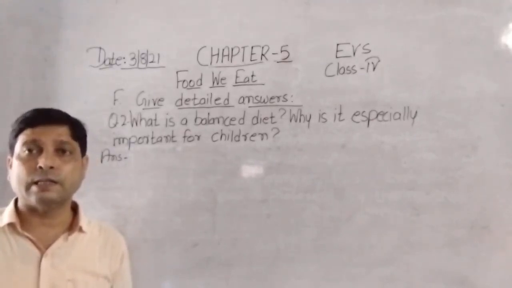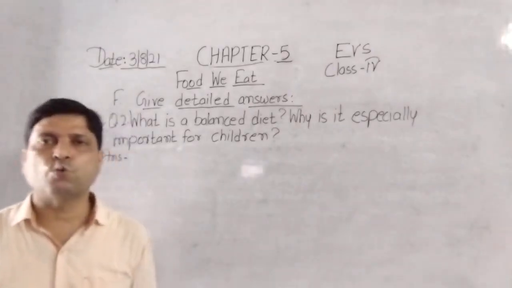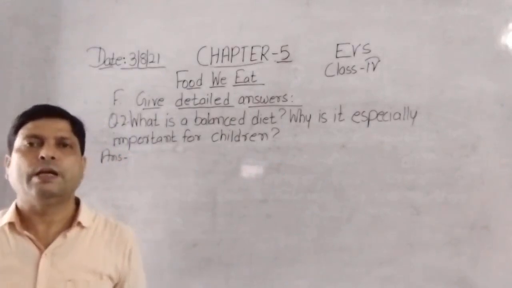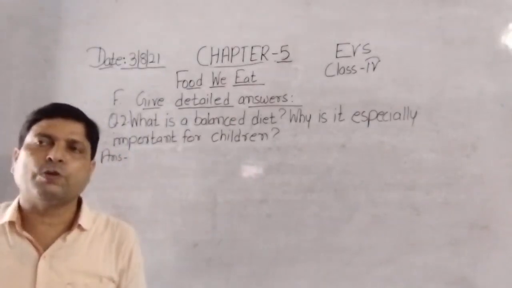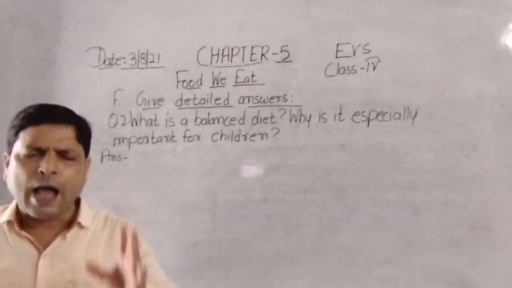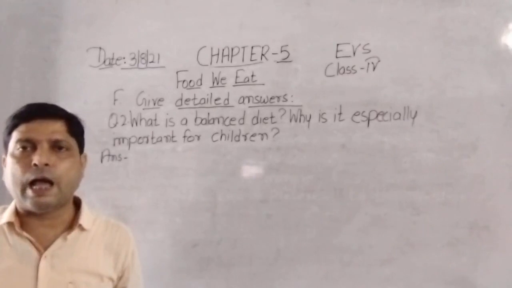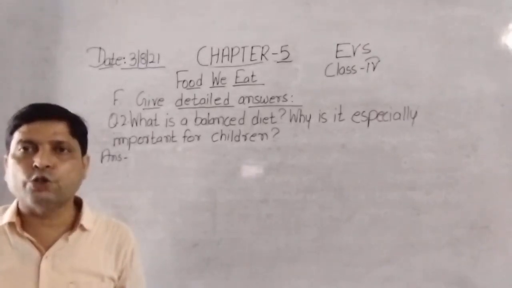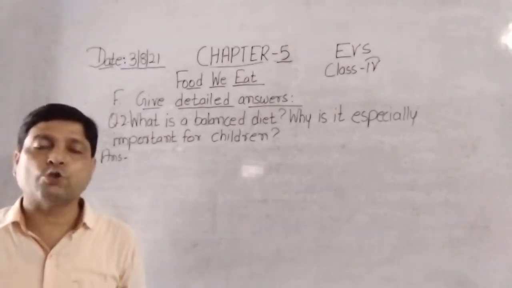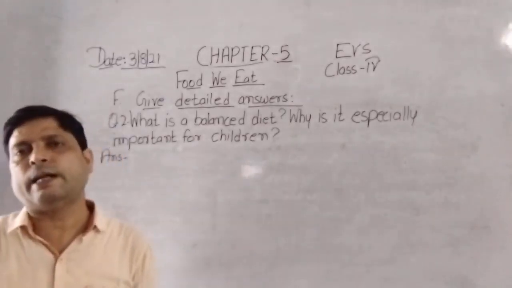So all your cereals, your grains, these are a rich source of carbohydrates, because they give you energy. Fat also gives more energy than carbohydrate, but the only drawback is that if you start eating excess of such food, which is a rich source of fat, it starts getting stored inside our body.